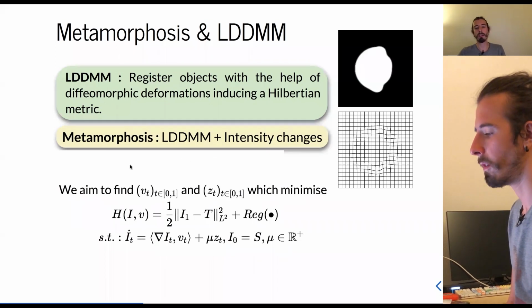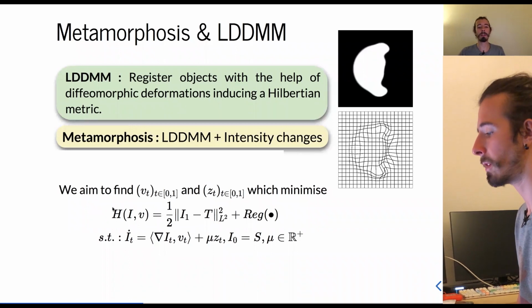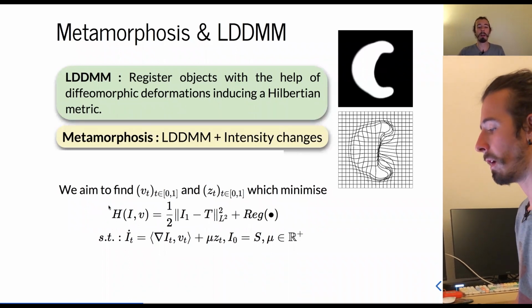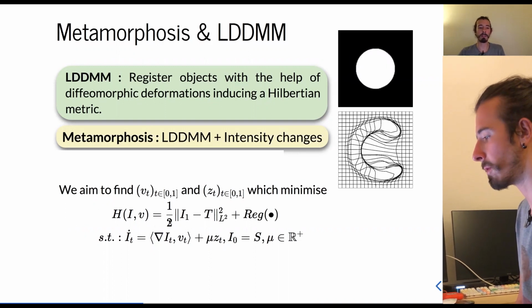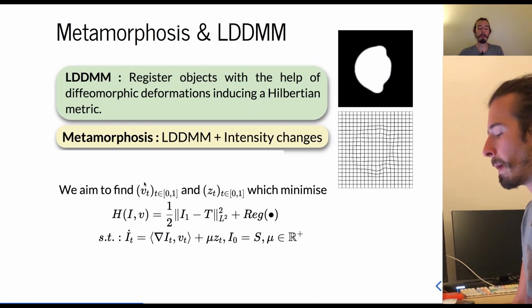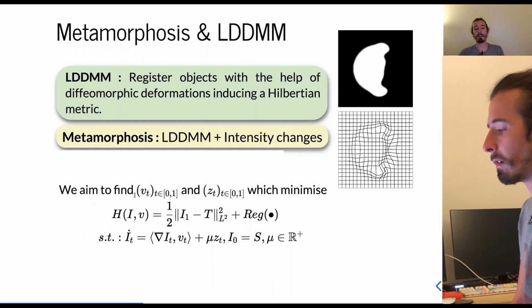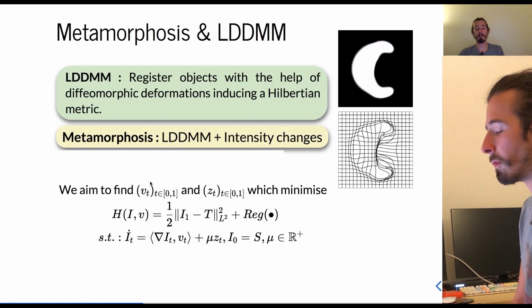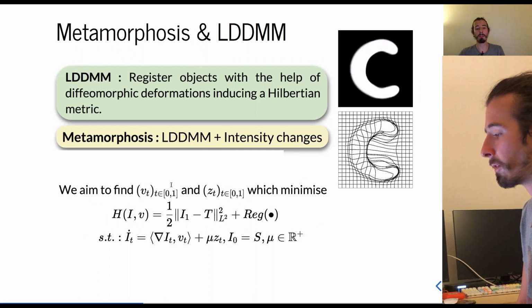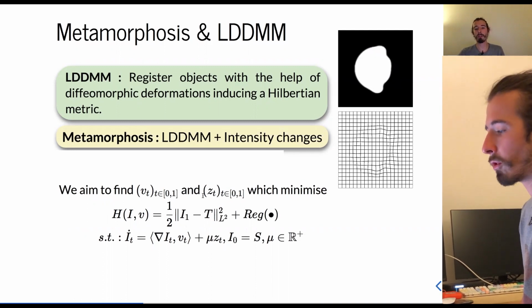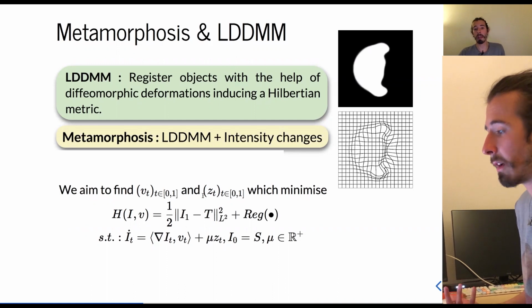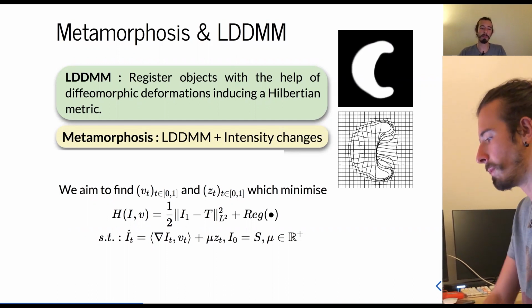If we look at the mathematical formulation, it is equivalent to solving this minimization problem: finding the ideal temporal vector field v_t and z_t, which will be a temporal image which can have negative values.